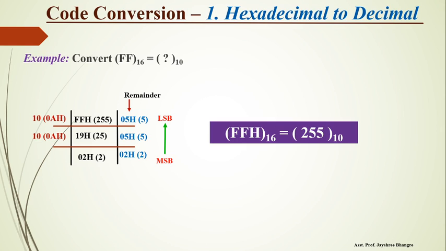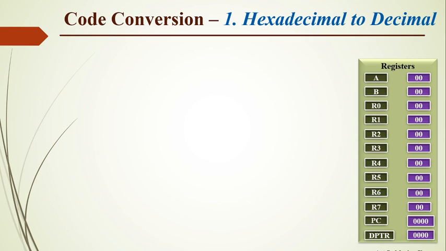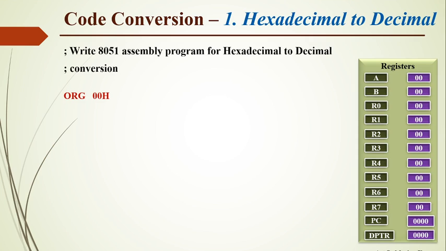So we have to write these steps into a program. We have to write the 8051 assembly program for hexadecimal to decimal conversion, and we have to collect the result into registers R4, R5 and R6. Our first instruction is ORG 00H.